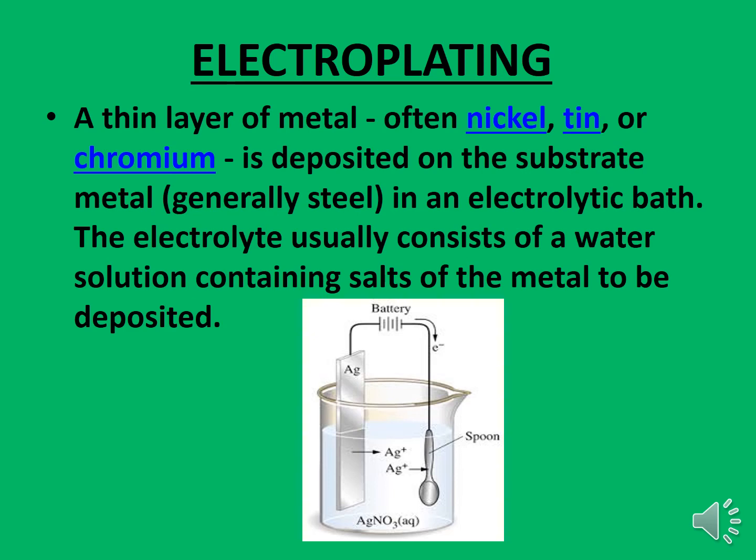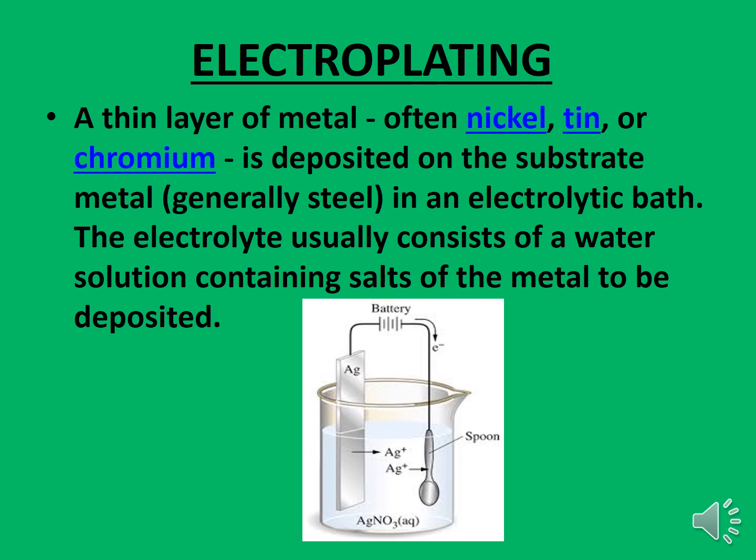The electrolyte usually consists of water solutions containing salts of the metal to be deposited. For example, if we have to deposit silver on an object, like in this diagram we have an object known as a spoon, and we have to protect this spoon by covering it with a layer of silver.